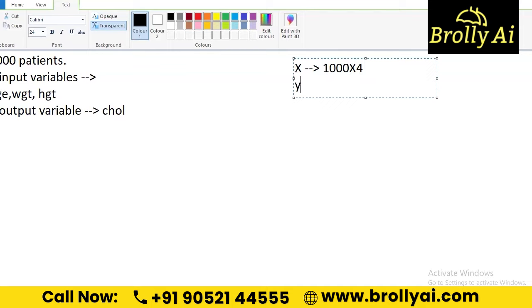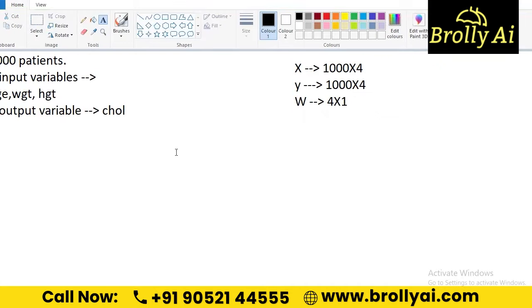That Y size: 1,000 patients, one target column, which is cholesterol. That's why X is 1,000 by 4. Then how much should the weight matrix be? 4 rows, 1 column. That means 1 bias, 3 slopes: slope of age, slope of weight, slope of height. So try to apply the same formula. We will tally whether we get 4 by 1 or not.